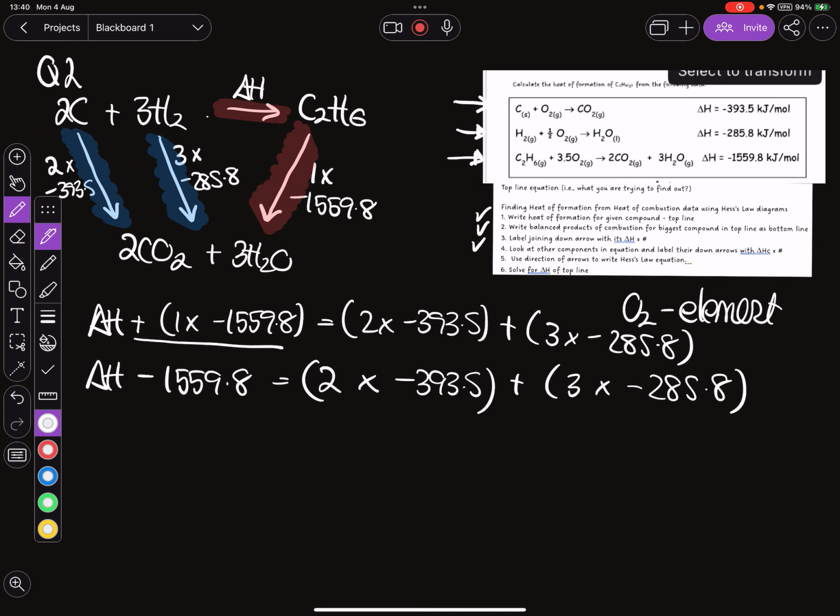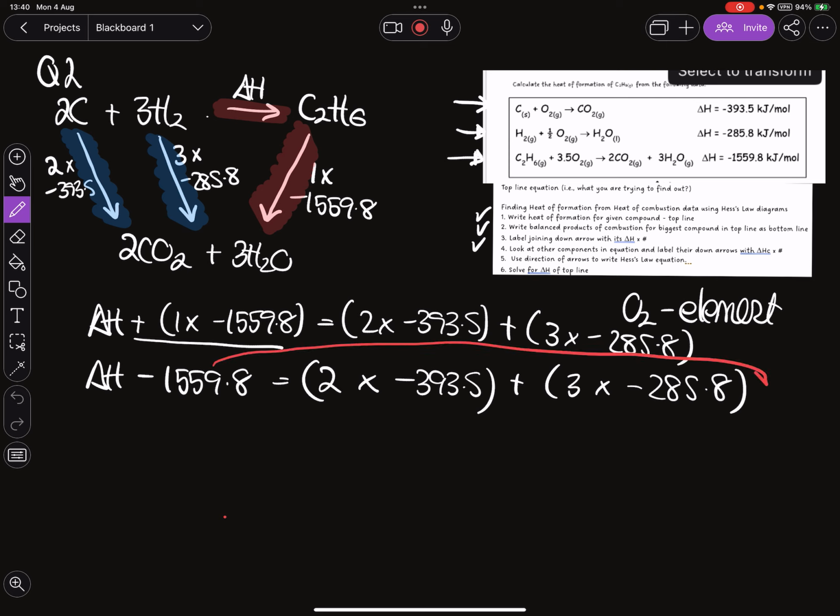Now you might think it's a bit of a waste of time to keep rewriting things, but actually you've less chance of making a mistake if you rewrite it out, obviously copying it exactly. So I wanted to put this 1559.8 to the other side of the line, and to do that I need to add it to both sides.